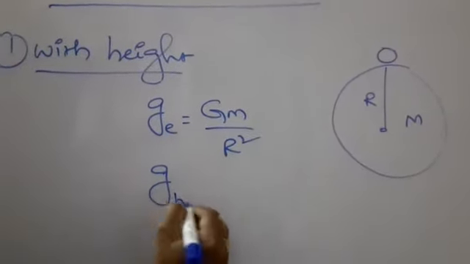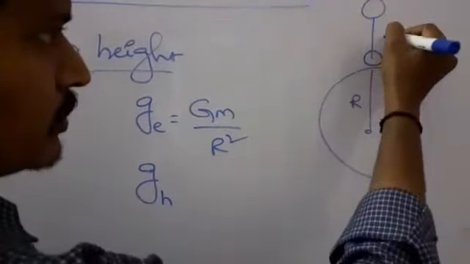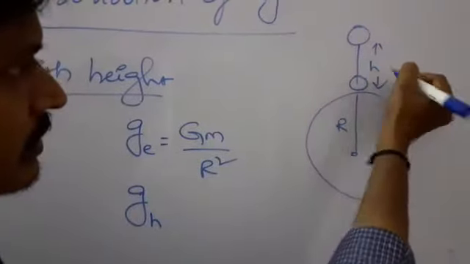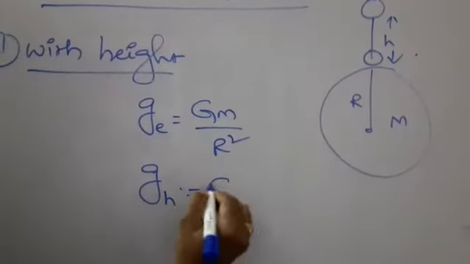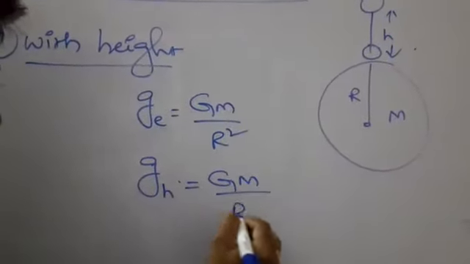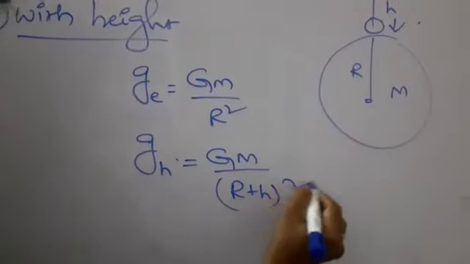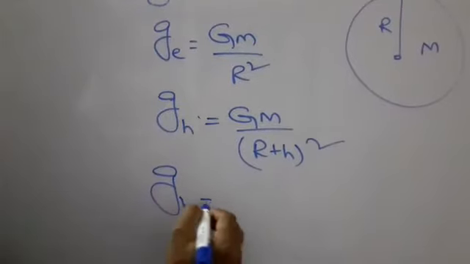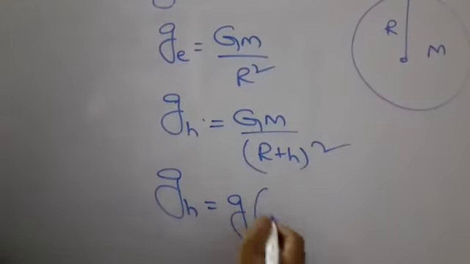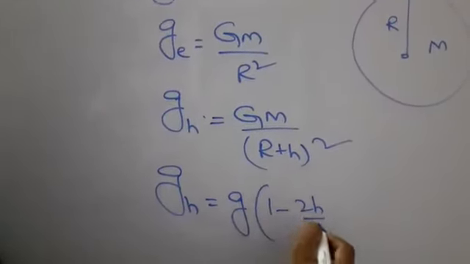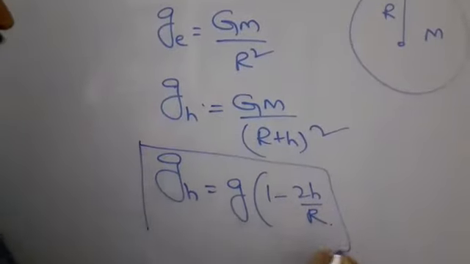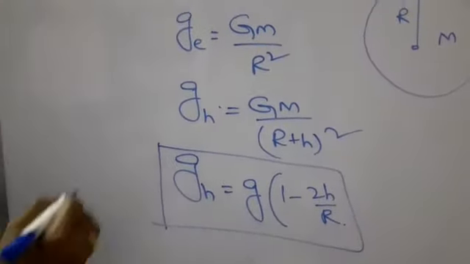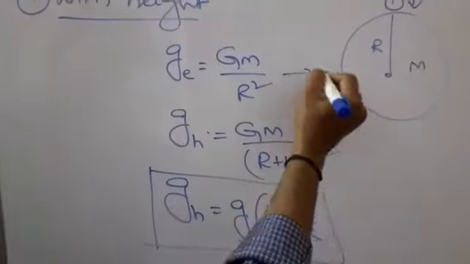If the object is at height h above the surface of the earth, then g h is GM by (R plus h) whole square. So from these two relations, g h is equal to g into 1 minus 2h by R.